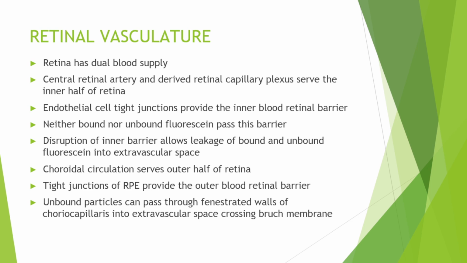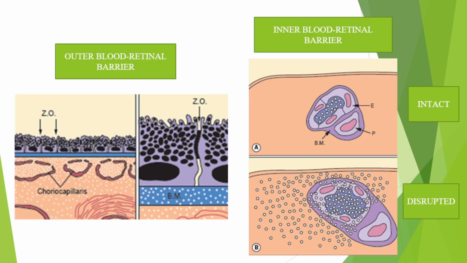The RPE tight junctions form the outer blood retinal barrier, and the unbound particles can pass through the fenestrated walls of choriocapillaries into the extravascular space, crossing the Bruch's membrane, but it is prevented by the RPE cell tight junctions. So if there is any break in the RPE tight junctions, like RPE atrophy, it causes the passage of these molecules into the extravascular space.